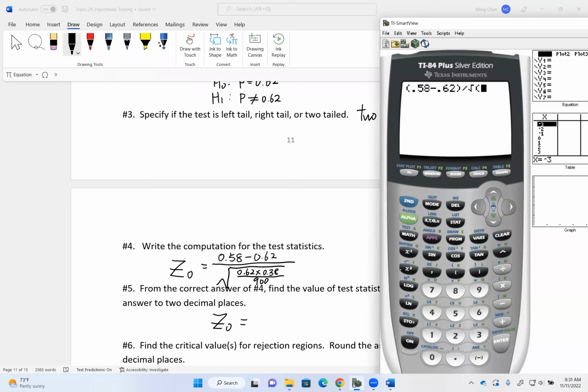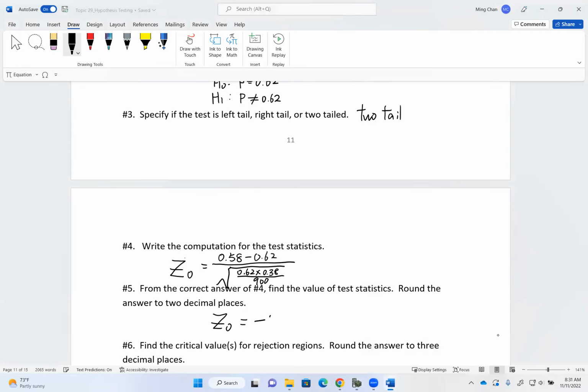So if I type in 0.62 times 0.38 divided by 900, that's exactly what I want to calculate. Multiply first and then divide. So the order of operations will literally multiply then divide here. Close parenthesis for the square root. Negative 2.47.